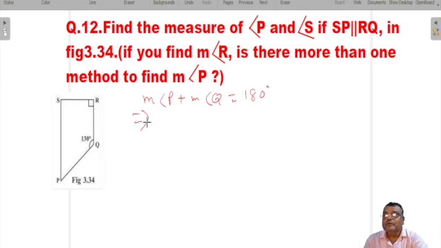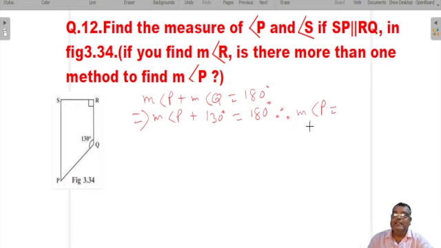So measure of angle P plus 130 is equal to 180. Therefore, measure of angle P is equal to 180 minus 130, that is 50 degree. This is 50 degree.